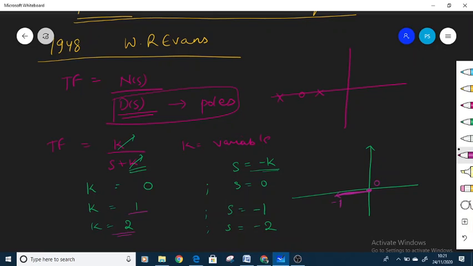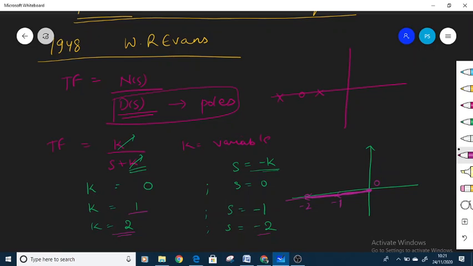Then as I varied it to k equal to 2, the pole again shifted, it came over here at minus 2. So as the value of k is varying, the location of the pole is also varying. Okay, so this is how we can trace the path of the pole. So as the pole varies, we trace that path.